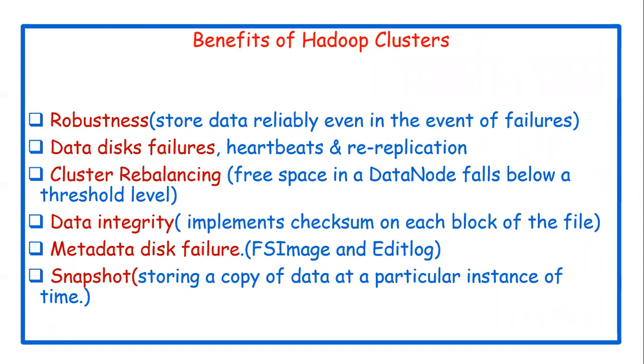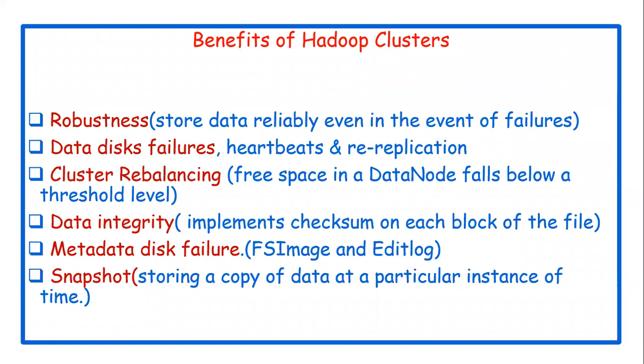Next one is a snapshot. This is also one of the metadata disk values. A snapshot is nothing but storing a copy of data at a particular instant of time. Many times data is distributed, data is traveled, and a data node will be shipped from one place to another. Any failures will happen, and a data node is not working properly, simply dead.